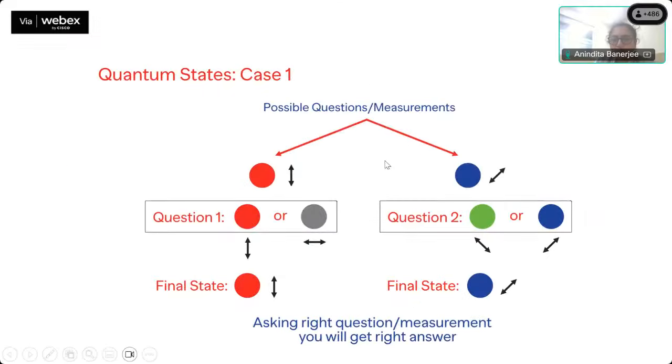Okay, so now if you want to understand it simply, if I'm asking the right question, or if I'm having the right measurement equipment, I'll always get the right answer, which means my information is not destroyed. Okay, so here again there was a diagonal state and I have used a modified polarization beam splitter. I'll be getting the correct answer.